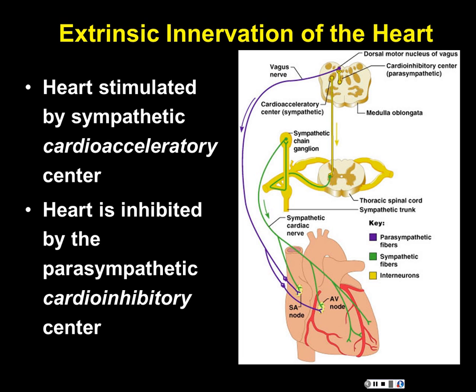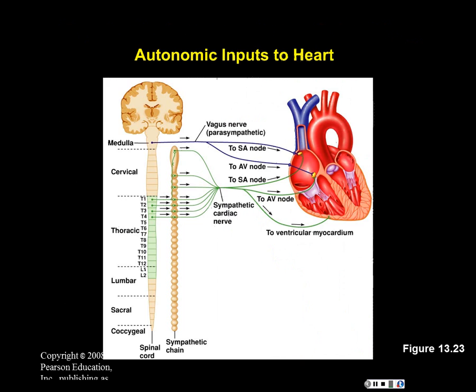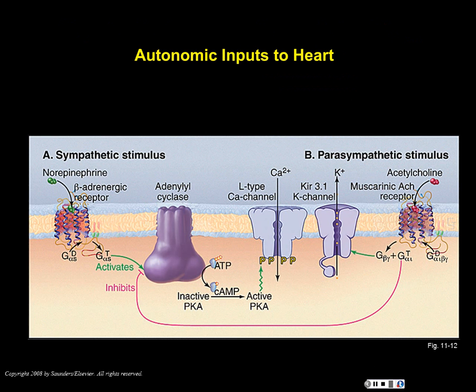So the brain is involved. If we look at what's happening there, two scenarios, sympathetic versus parasympathetic supply. Parasympathetic nervous system, acetylcholine inhibits this adenylate cyclase second messenger pathway.